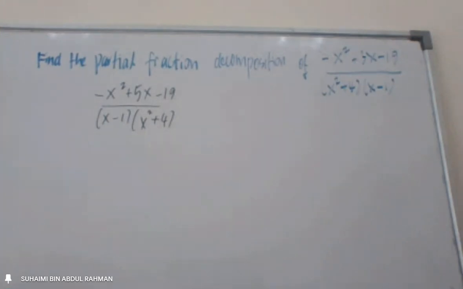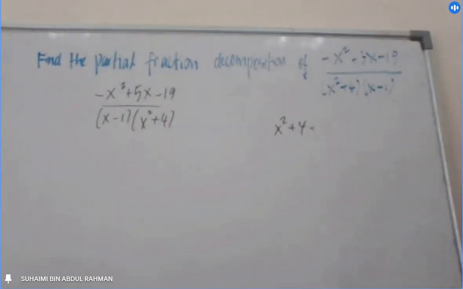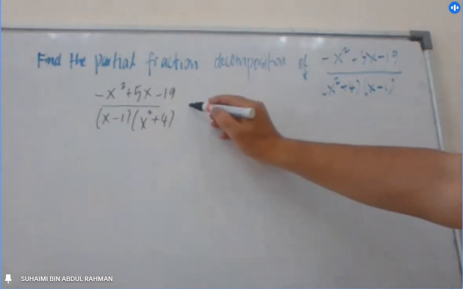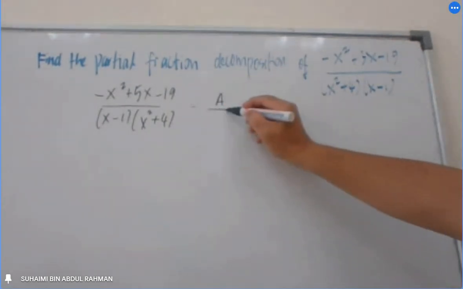X squared plus 4, we cannot reduce any longer. So this is an irreducible quadratic. So for the first one, which rule do we apply? For the linear, which is A over x minus 1.